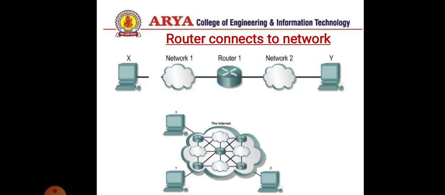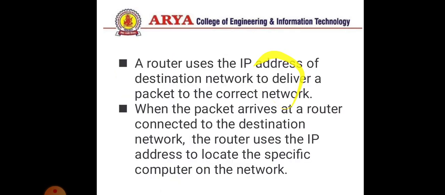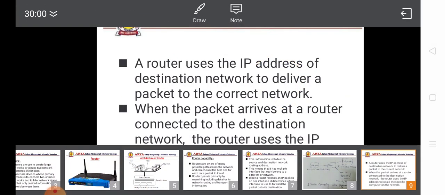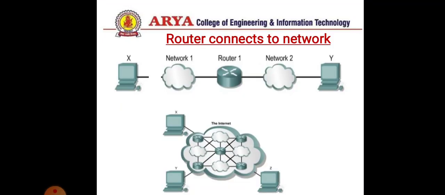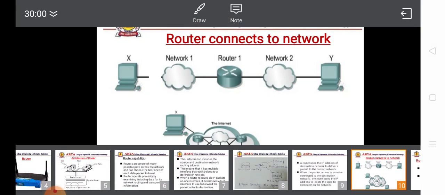Here we have a source and a destination, and these are the networks, and between the networks we are taking a router, and the router decides which IP address is connected from the source to the destination.